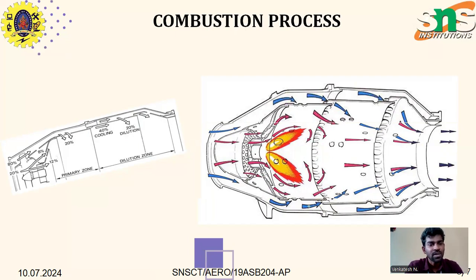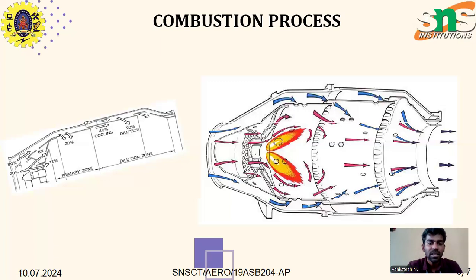In this process, about 20% of the air is used for combustion and 80% of the air-fuel mixture goes to the next part, the turbine. In the turbine, the final work output goes to the next section, which increases the velocity: the nozzle part.